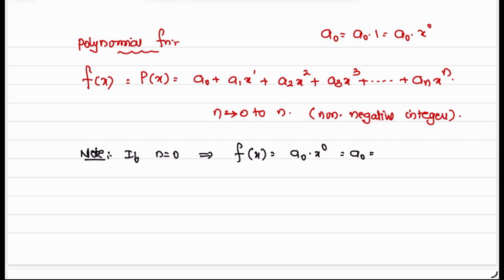Because n is equal to 0, only one term is there, and this value is a constant. This is called a constant function.